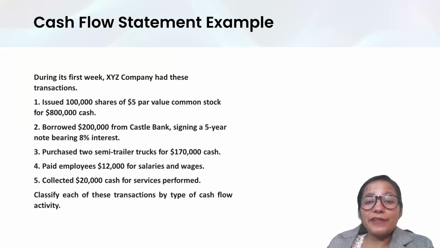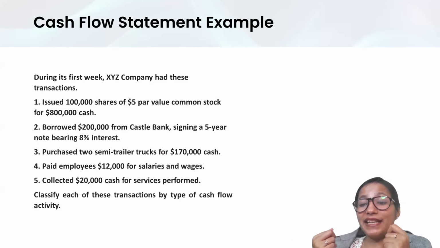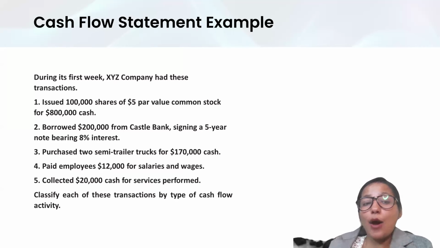During the first week, XYZ company has these transactions. Issue 100,000 shares of $5 par value common stock for $800,000 cash received. Which activity do you think? Money is coming in, so financing.